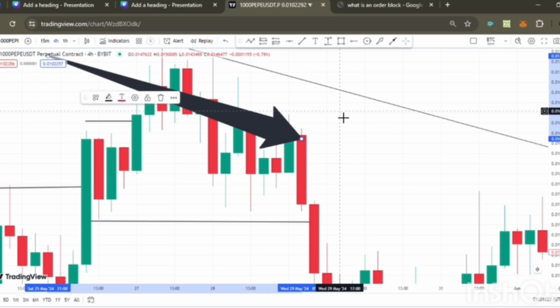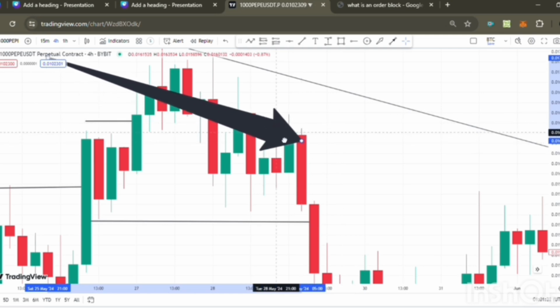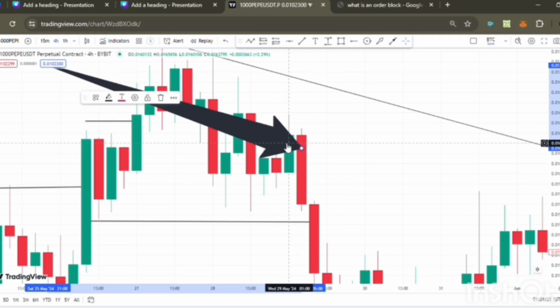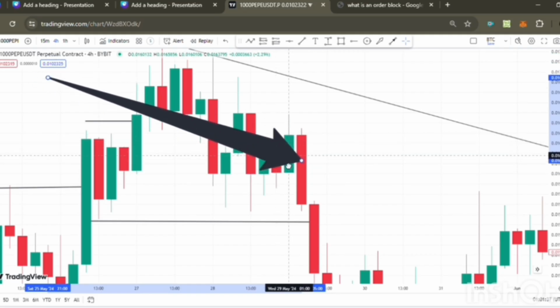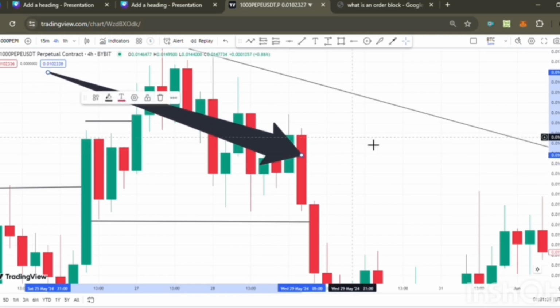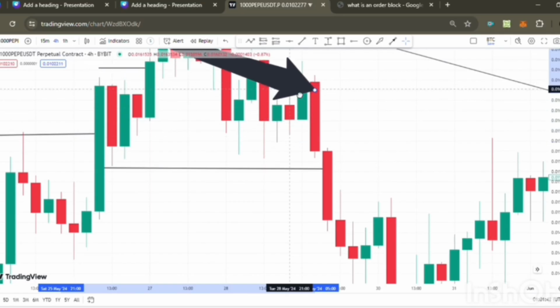This is where the large sell order was placed. This is where the last sell order was placed. Now after its placement, the market started dragging down.